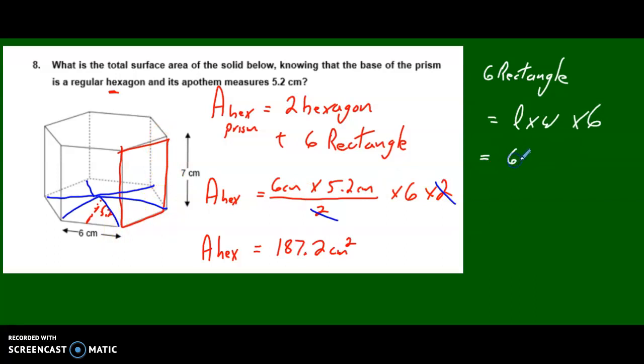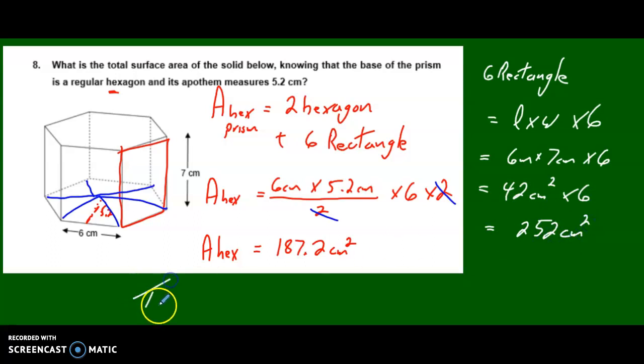So it's 6 centimeters times 7 centimeters times 6. That's 42 centimeters squared each, times 6, which is 252 centimeters squared.